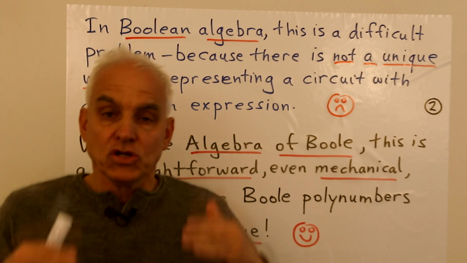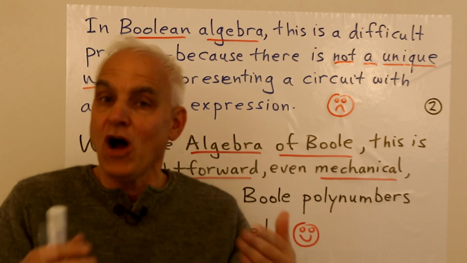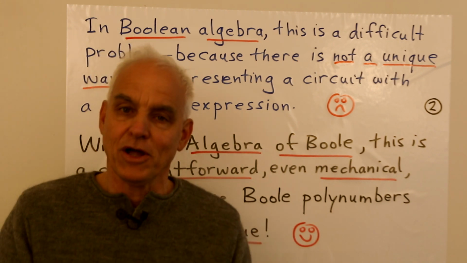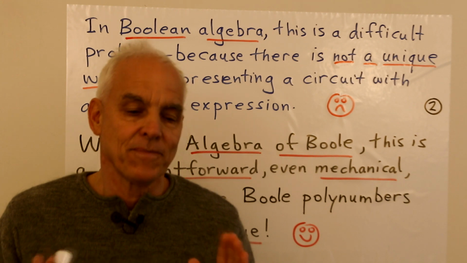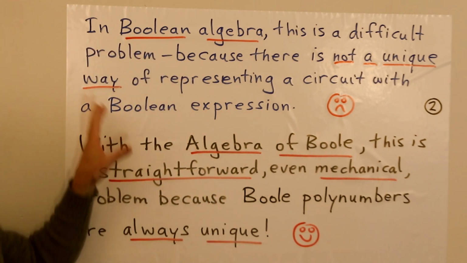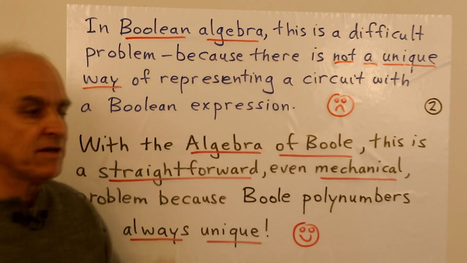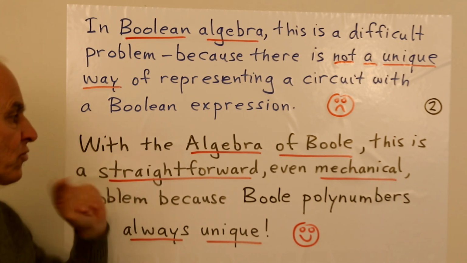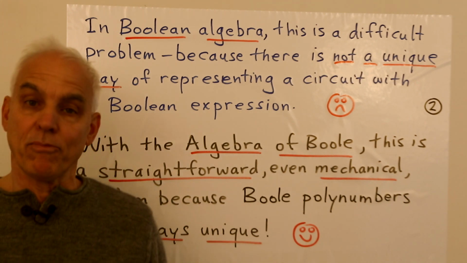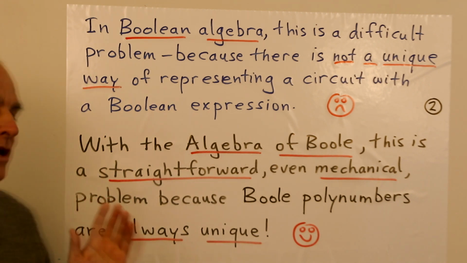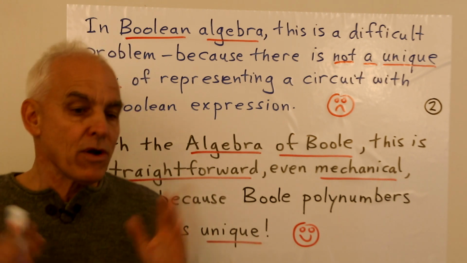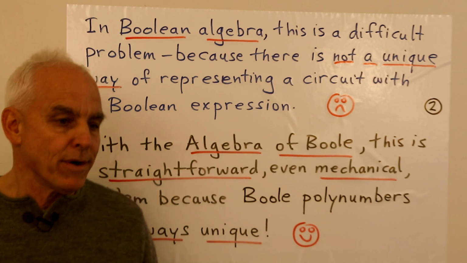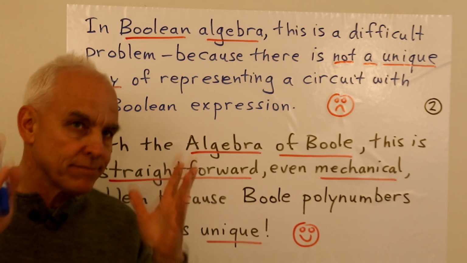Now, in engineering courses, engineers are taught this subtle art, and it takes quite a lot of experience. But for us, it's not necessary at all. So we're going to avoid the difficulty here, because in the algebra of Boole, this is an entirely straightforward, even mechanical process, requiring no trickery or no cleverness or no fancy theory.